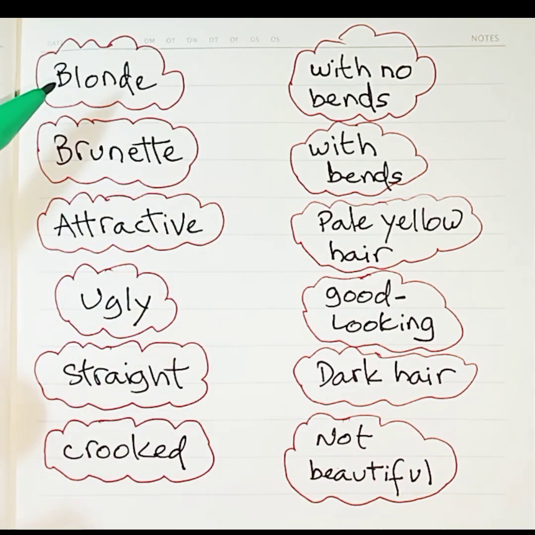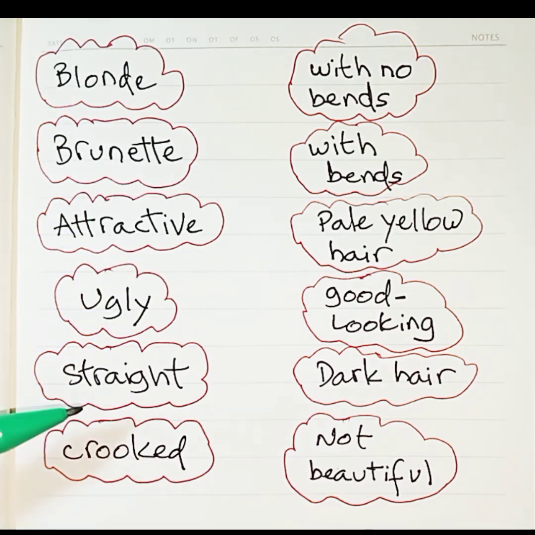Next list we have blonde, brunette, attractive, ugly, straight, and crooked.